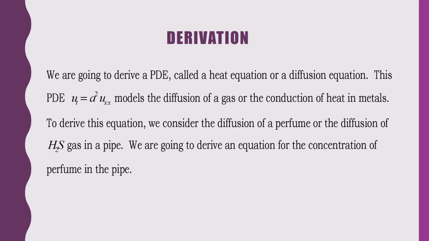Now, to derive this one-dimensional diffusion equation u_t = a² u_xx, we consider a pipe which is very thin and infinitesimally long and placed along the x-axis. We suppose that the cross-sectional area of this pipe is very small. We suppose that the width of the pipe is also very small.